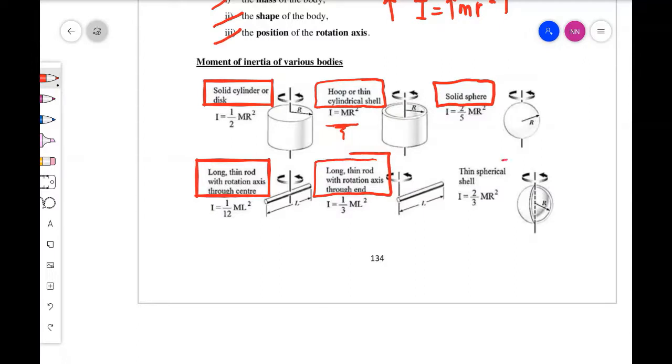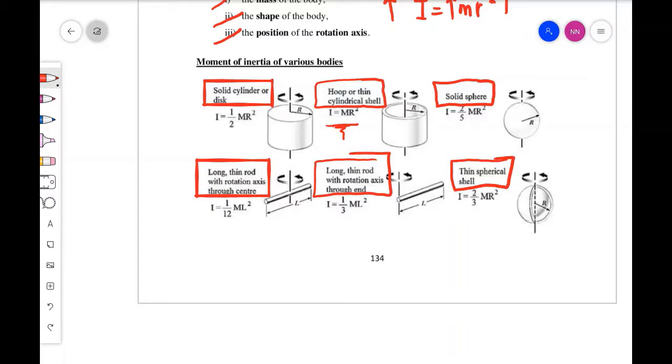The last one, thin spherical shell, is given by I equals 2/3 mr squared. So don't worry, you don't have to memorize all these formulas, because it will be given in the question or it will be asked when the other value is given.